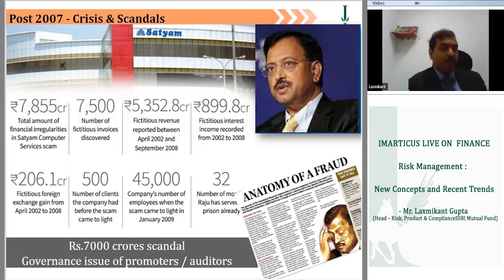All this led to the enactment of various statutes by SEBI as well as by ministries, like the New Companies Act, and the listing agreement, which provided for independence and board governance norms, was also refined further.